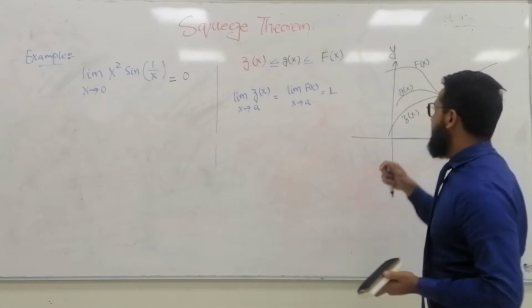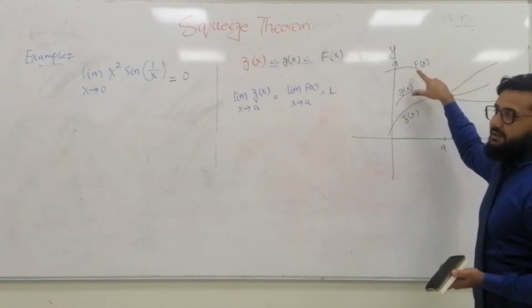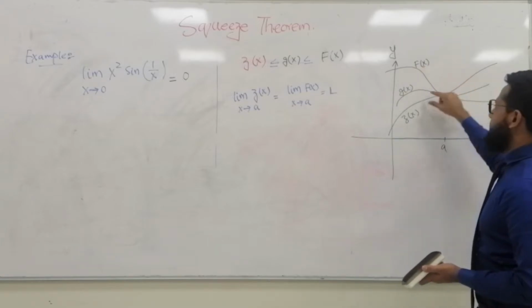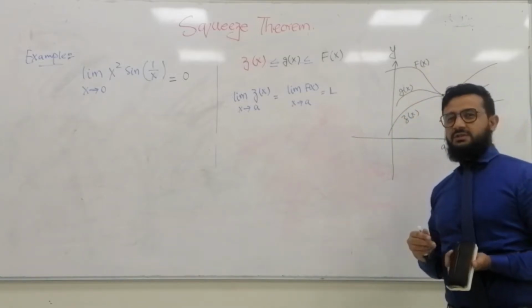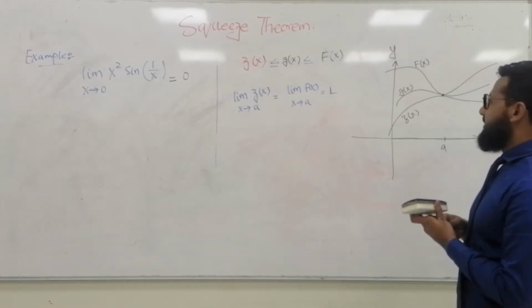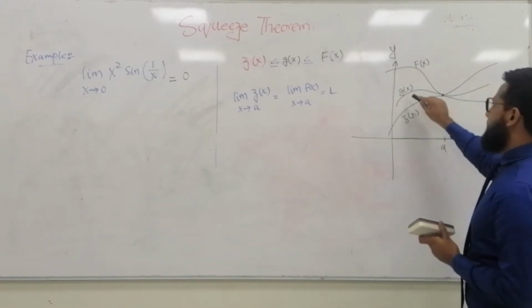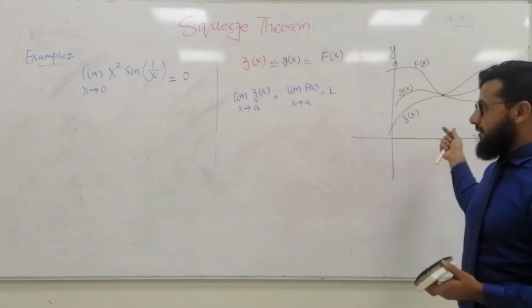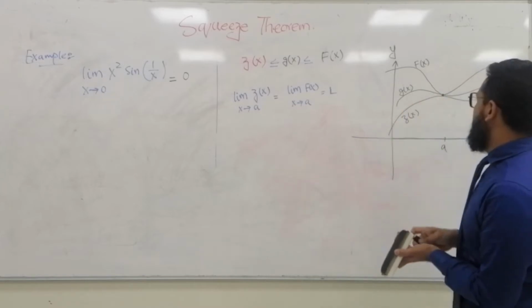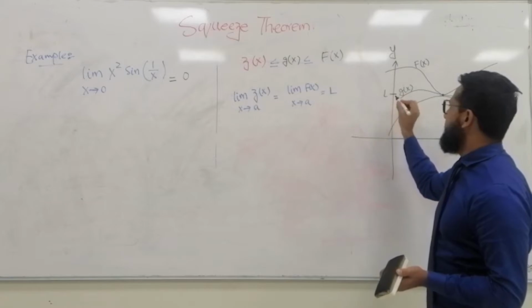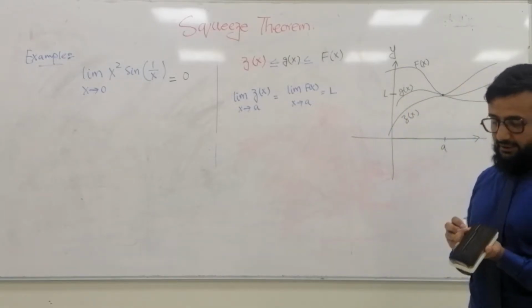But we already know they both are the same, right? If the limit of z of x is equal to the limit of f of x, so how about the limit of g of x, which lies between them? It's very easy to understand that the limit of g of x, which lies between those two, will also be equal to, let's say this is L, right? So this will also be equal to L.